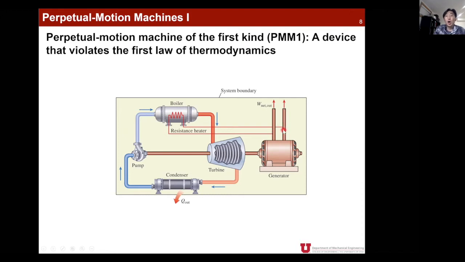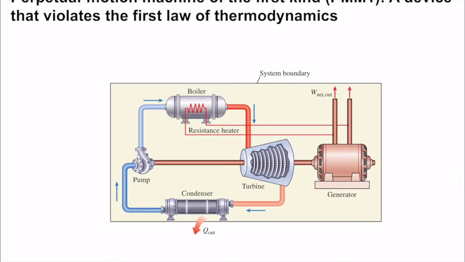Okay, a part of the electricity generated by the generator heats up the boiler, and this heat is enough to make your water into steam to run the turbine and the pump. Meanwhile, we have a net amount of work produced by this entire system. Then, why does this entire system not make sense at all?